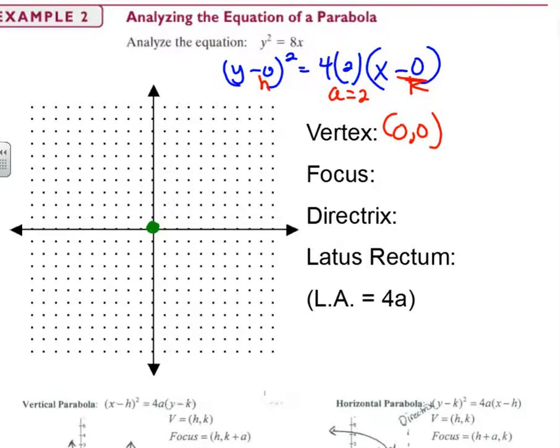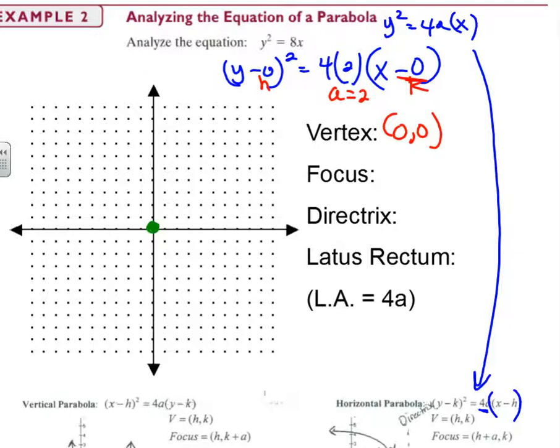I know that this is a horizontal parabola because it's in the form y squared is equal to 4a x, which matches this definition down here. So basically, the 4a is on the side that's not being squared, which is this x term. So I can see that, that's matching my horizontal.